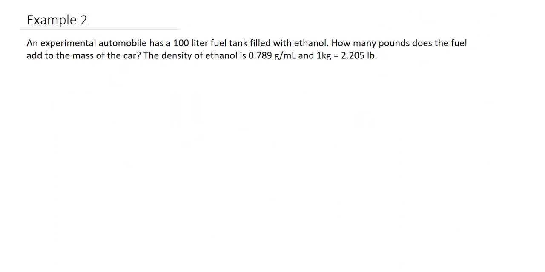Now let's do another example. Example 2. An experimental automobile has a 100-liter fuel tank filled with ethanol. How many pounds does the fuel add to the mass of the car? So let's kind of think of this through. We have the density of ethanol here, which is given to us as 0.789 grams per milliliter.